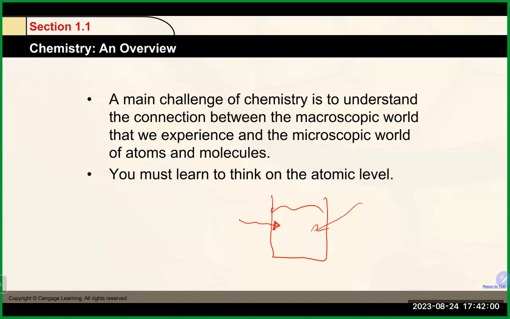Now, on the microscopic level, if you were able to zoom in there, this could be a reversible type reaction. And in a reversible reaction, it basically goes in both directions, from the reactants to the products.